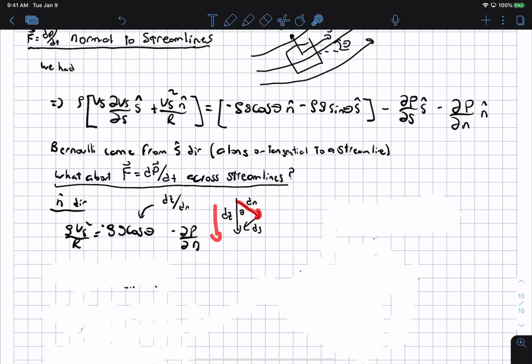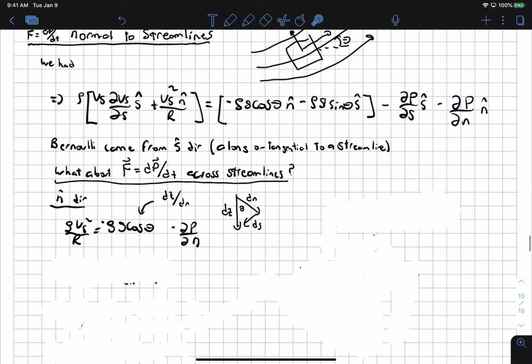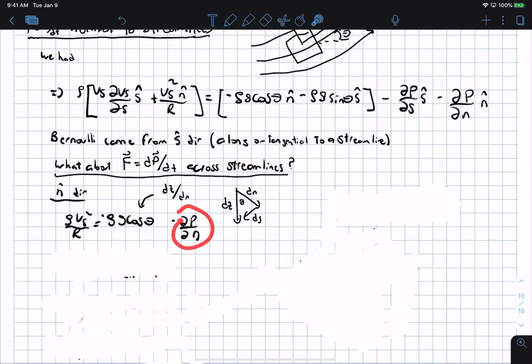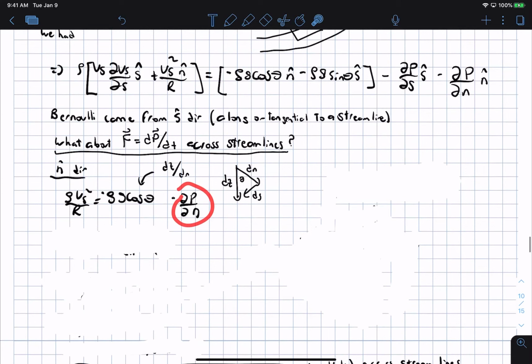We have dn and ds. So cosine theta by definition is just dz dn, and here the pressure is only a function of n, so I can take out the partials because we're not going along the streamline, we are going normal to it. So I can change that to just a differential equation instead of a partial differential equation.